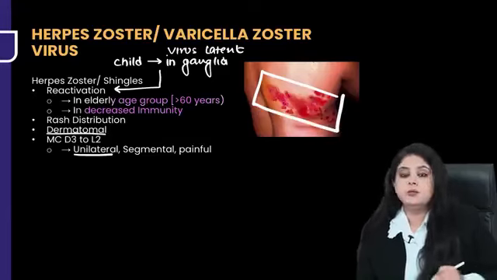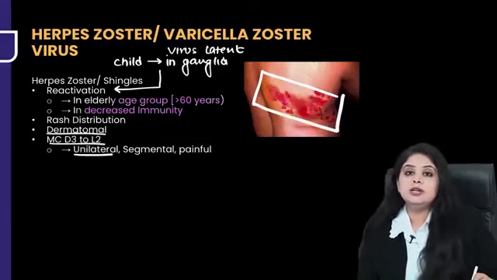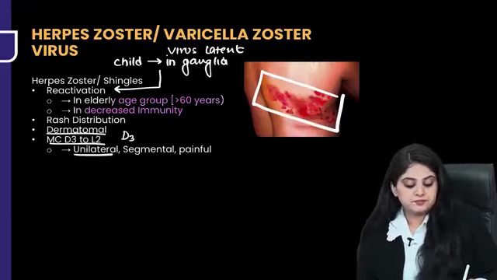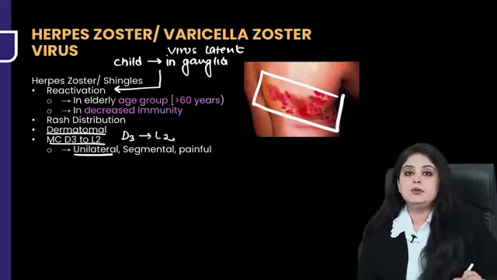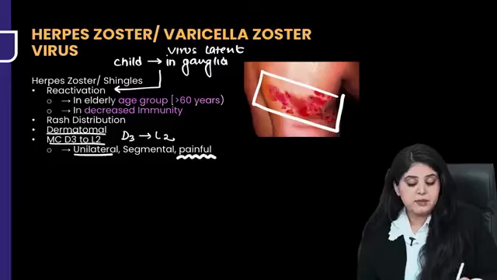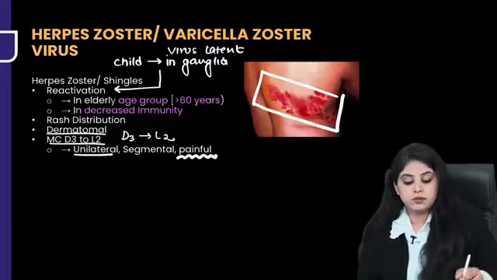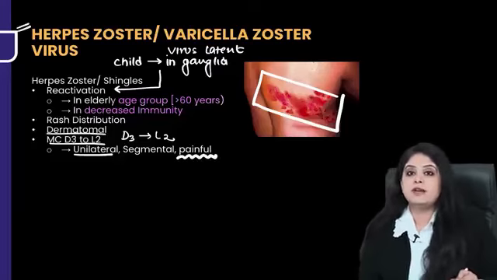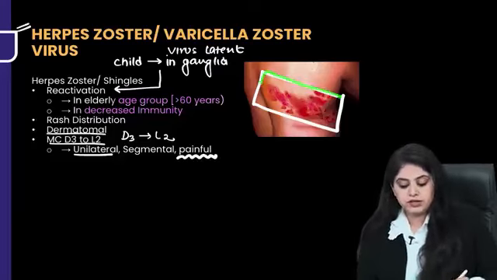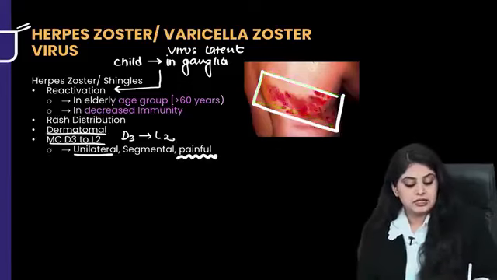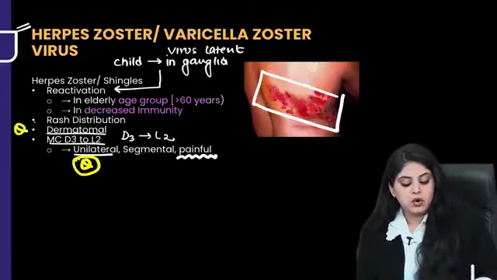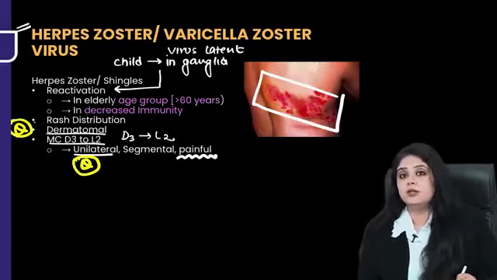According to the dermatomes, most commonly D3 to L2 dermatome is affected, and one very important point is that this is a painful rash. Pain is a feature of herpes zoster that you have to consider. Always remember unilateral. This is a big hint, and along some dermatome, it is going to happen.